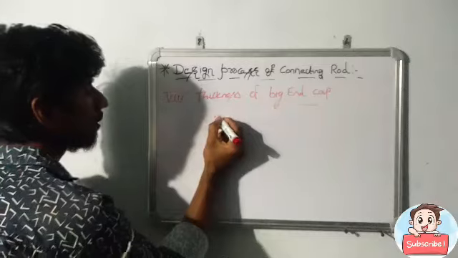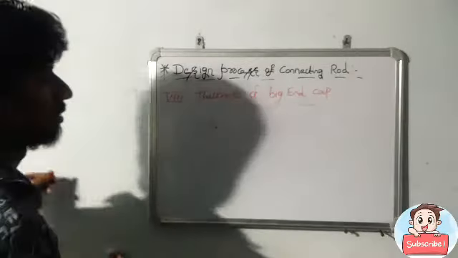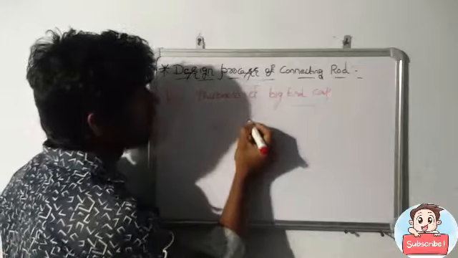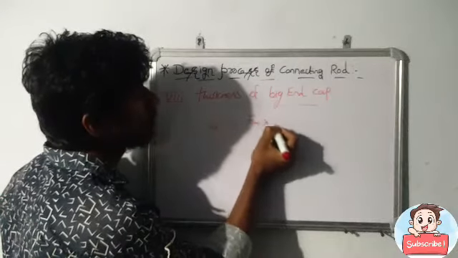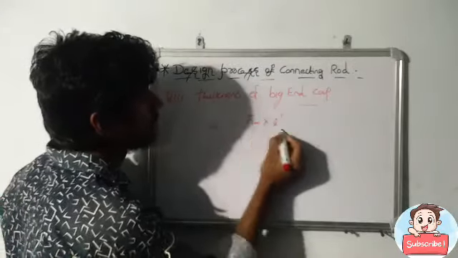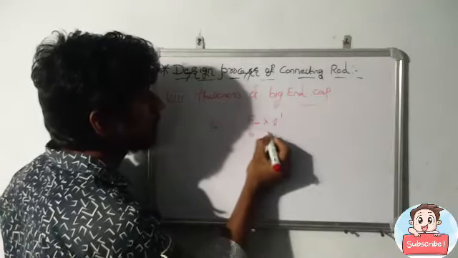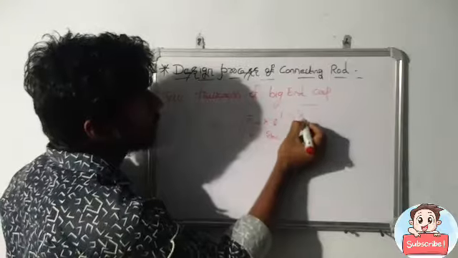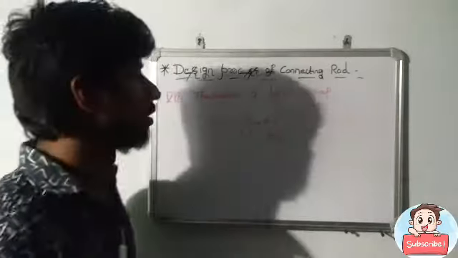It is denoted by TC, that is equal to (FIM into L dash divided by B into SBC) whole power 1 by 2. So it is the formula to find out the thickness of big end cap.